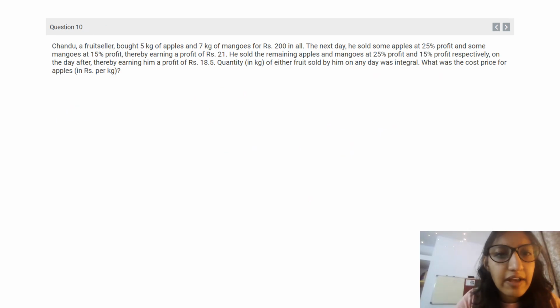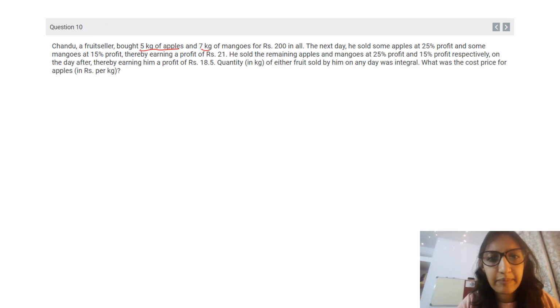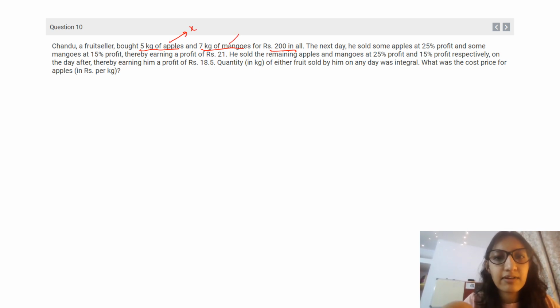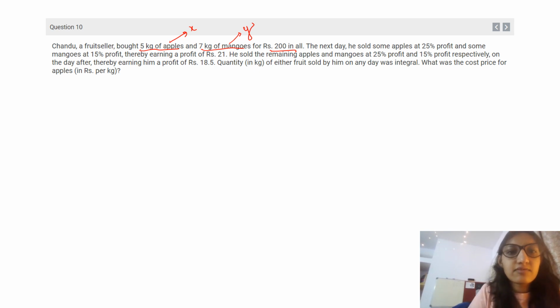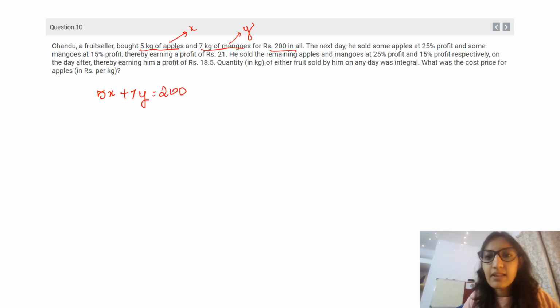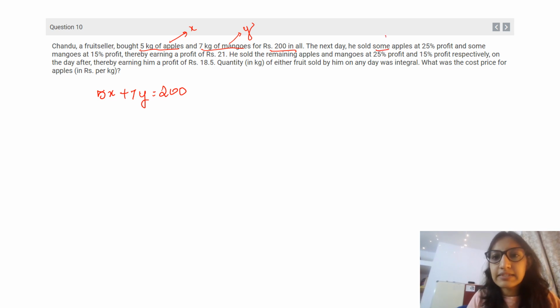Okay, so here we have been given that he buys 5 kg apples and 7 kg mangoes for 200 rupees. Let's assume the cost price of apples is X and of mangoes it's Y. So 5x plus 7y is 200 rupees. Next day he sold some apples at 25% profit and some mangoes at 15% profit. Let this sum be A apples and B mangoes.